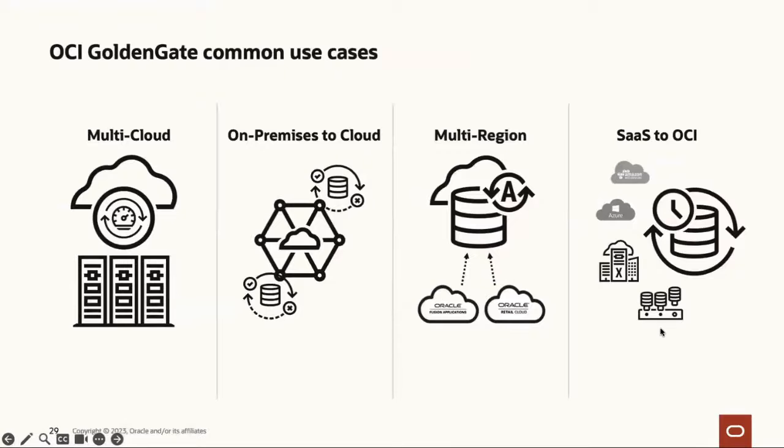So some of the most common Golden Gate use cases are going to be multi-cloud, which is where you're going to take data from one cloud and push it to the other. We're going to have on-premises to cloud. So if you've got data in your CPE that you want to push to a database in the cloud, Golden Gate is also going to be able to address that.